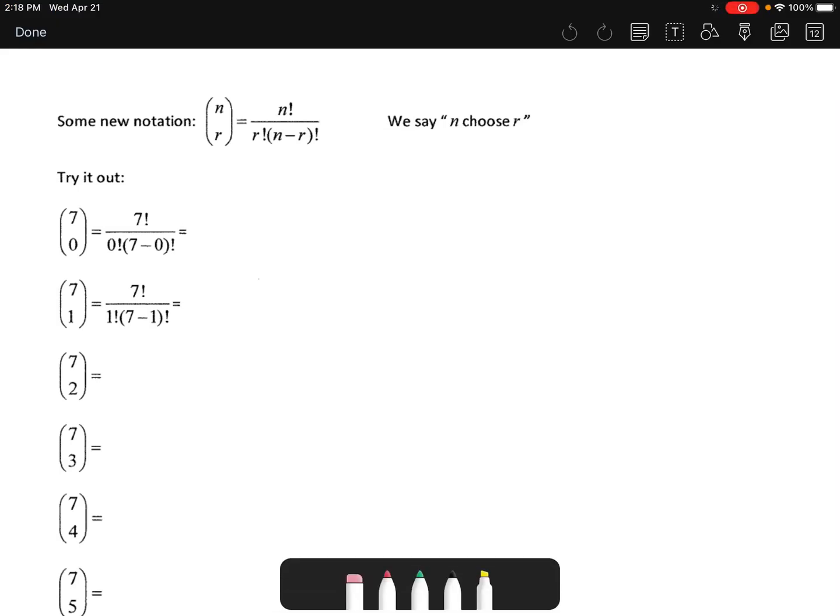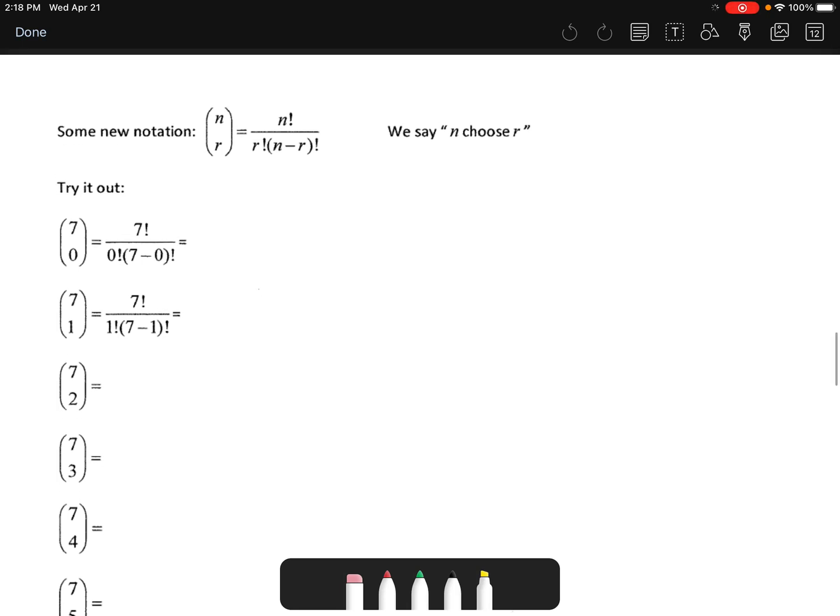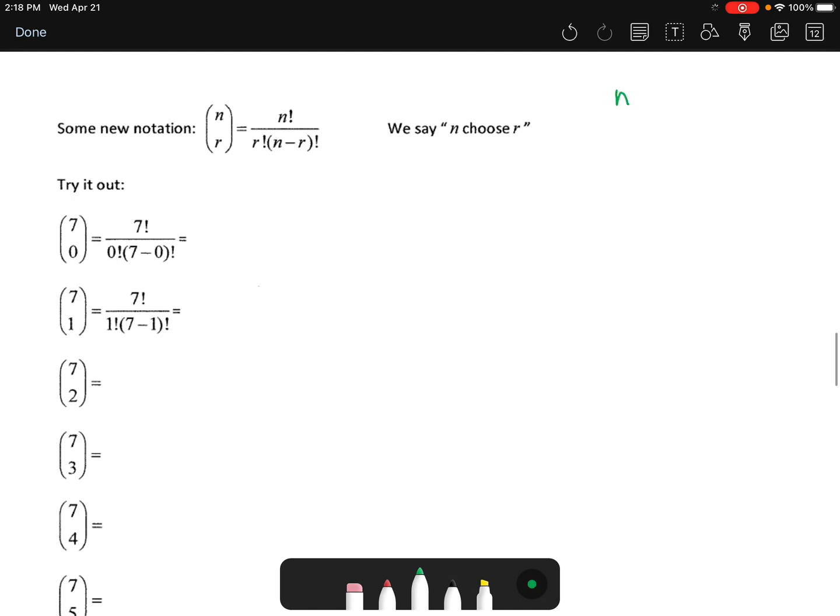Our next lesson on binomial expansion is another way to use our calculator to find terms of the binomial expansion using the binomial theorem. What we need to do is locate on our calculator what we call n choose r, and that is actually this formula.